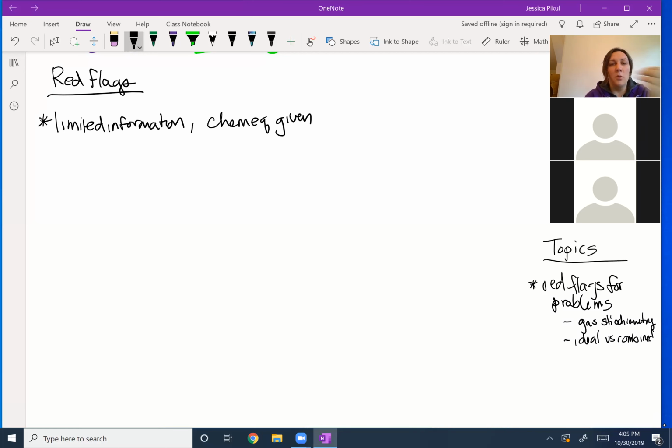In 121, someone would get that balanced. In 161, you might have to balance it yourself first. With that, you might also see two pieces of information like mass or moles, and that's going to be the limiting reactant.